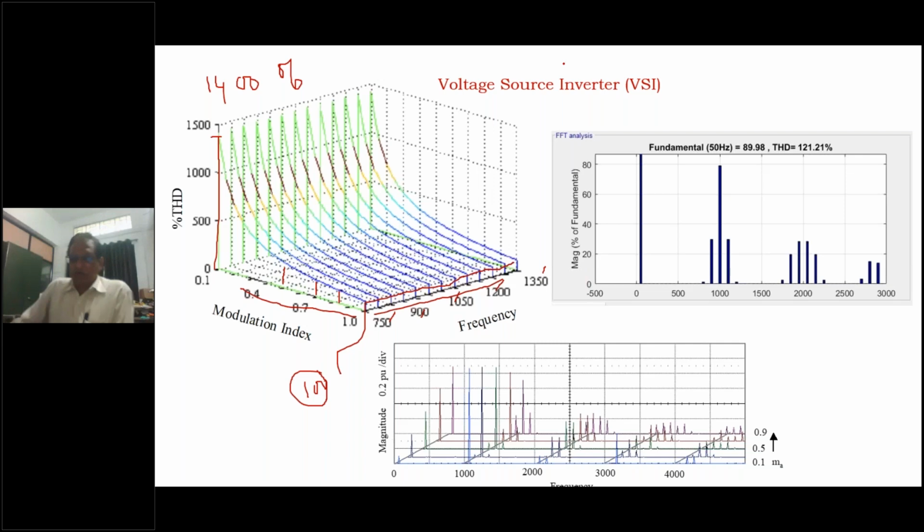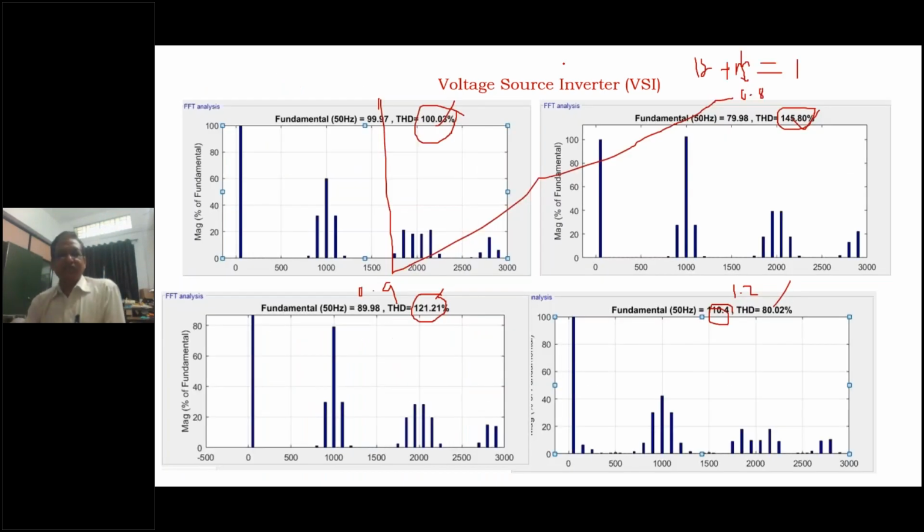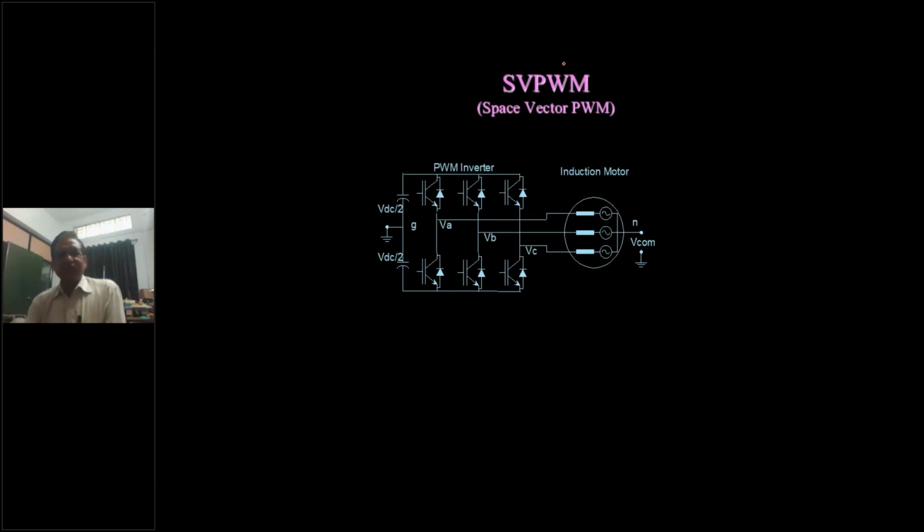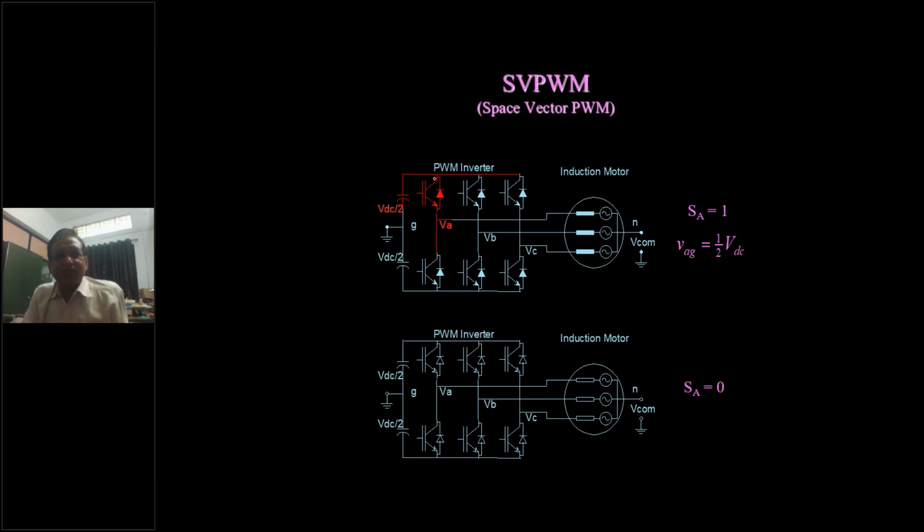Earlier I discussed the SPWM technique. Now I will discuss the space vector technique. So what is a space vector? Just consider when the upper switch is on for the R phase or A phase. I am going to consider this as A phase.